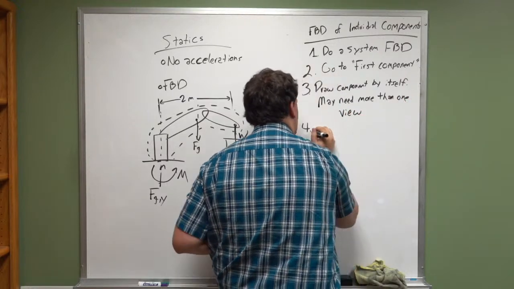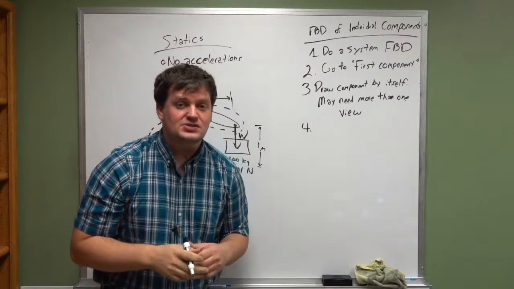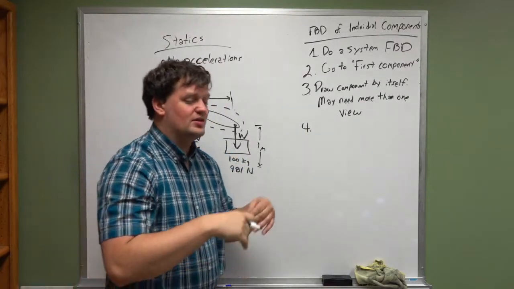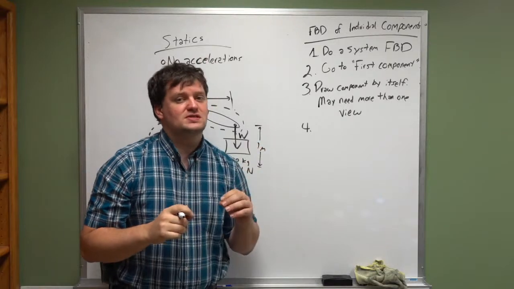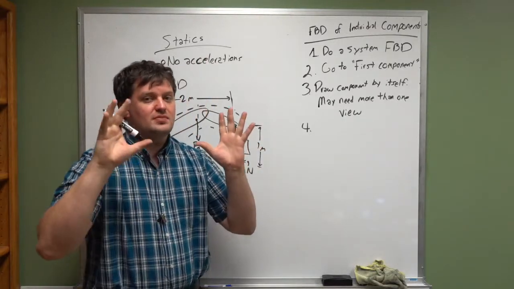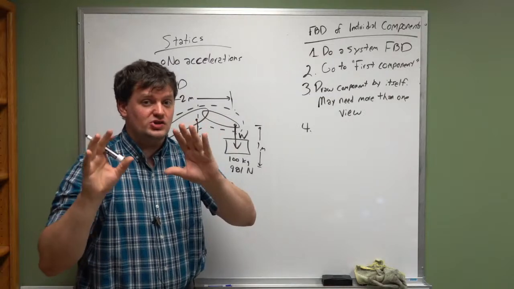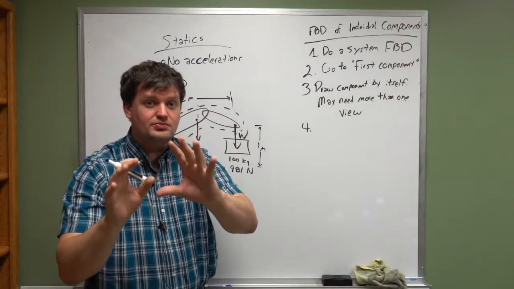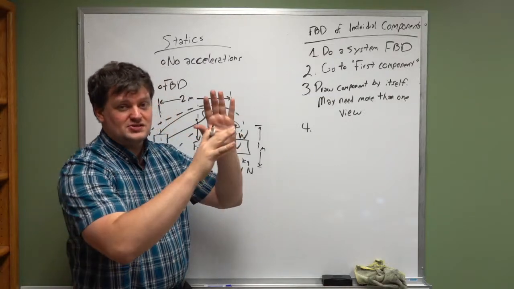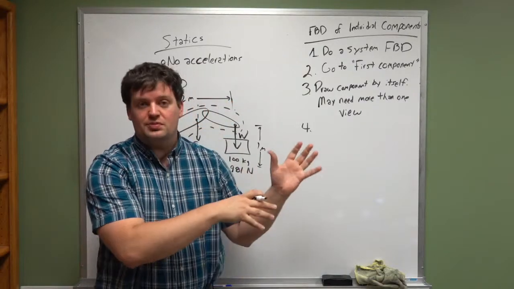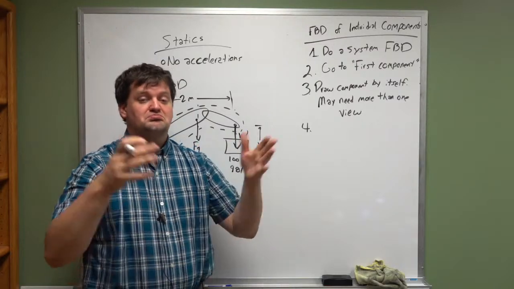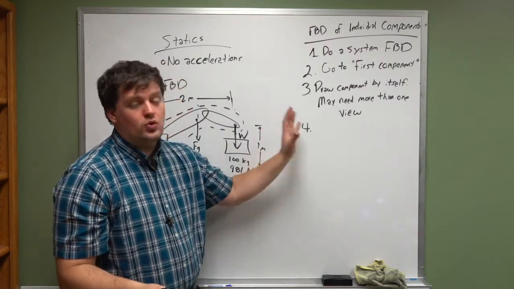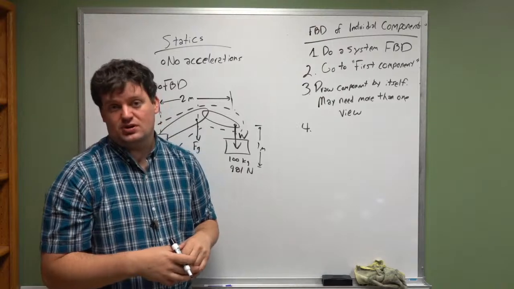Okay, once again, as in the last one, right after we drew a component, we had to figure out coordinate systems. The nice thing about coordinate systems on a component is you can make your coordinate system whatever you want as long as it's consistent for that one component. And as long as the force vectors from one component to the next component are facing the same direction, you can use whatever coordinate system you want on each component.